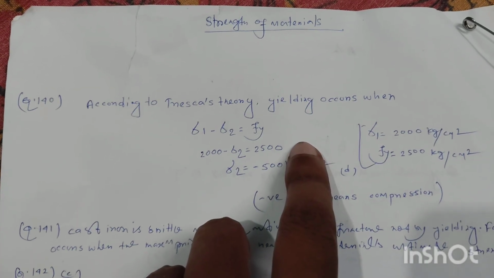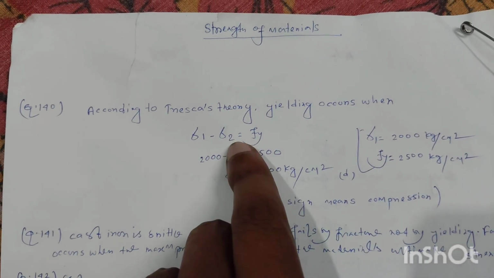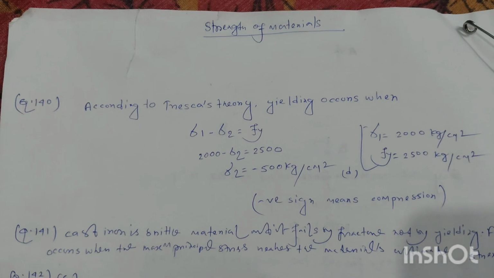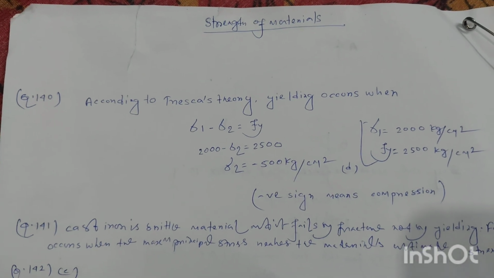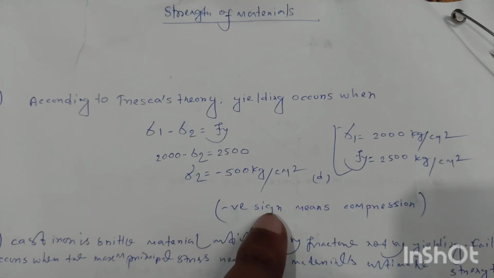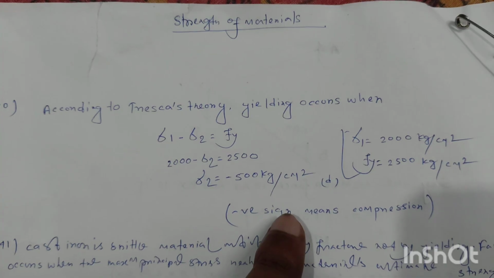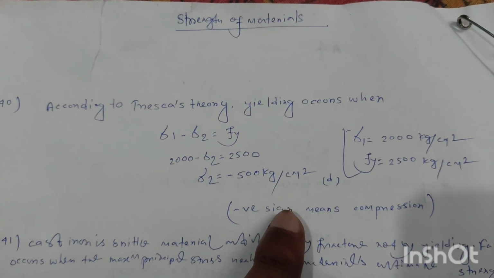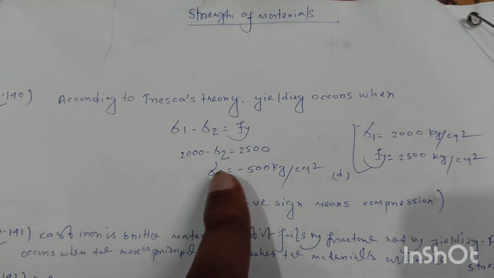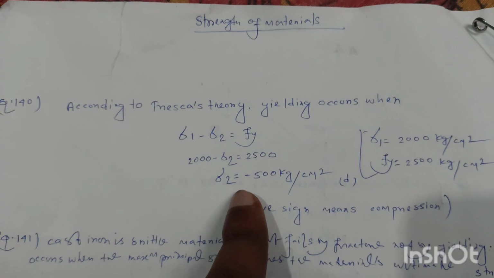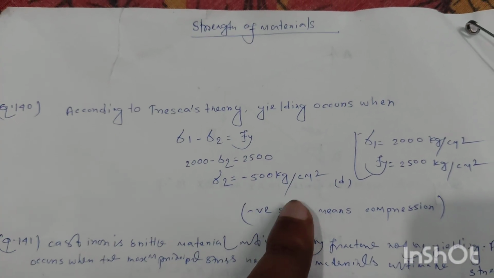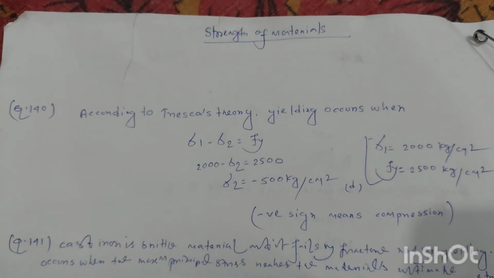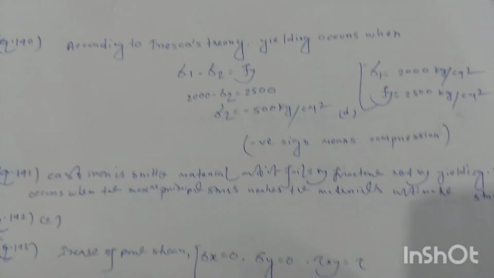Sigma 1 is the major principal stress, sigma 2 is the minor principal stress, and Fy is the yield stress of the material. So sigma 1 is equal to 2000 kg per centimeter square and Fy is equal to 2500 kg per centimeter square. If we calculate, sigma 2 will be minus 500 kg per centimeter square. Negative means compression. Option D is the right answer.